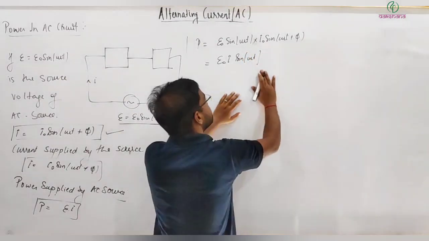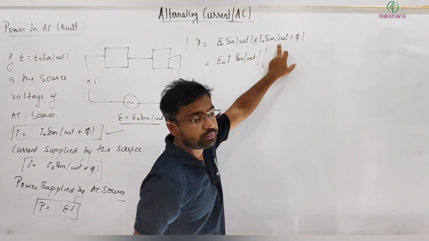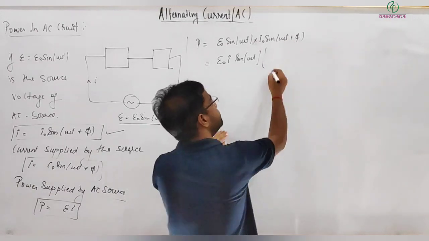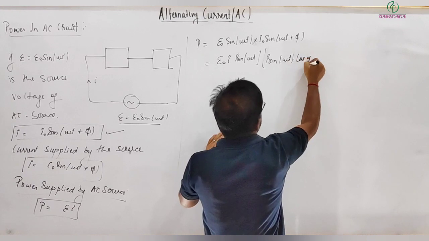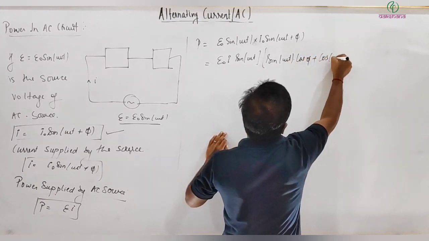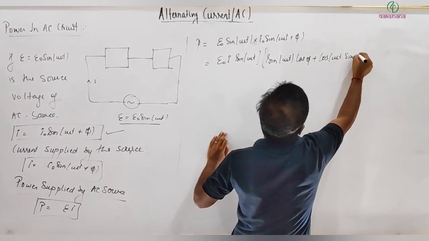This can be expanded using sine alpha plus beta: it will be sine omega t cos phi plus cos omega t into sine phi.